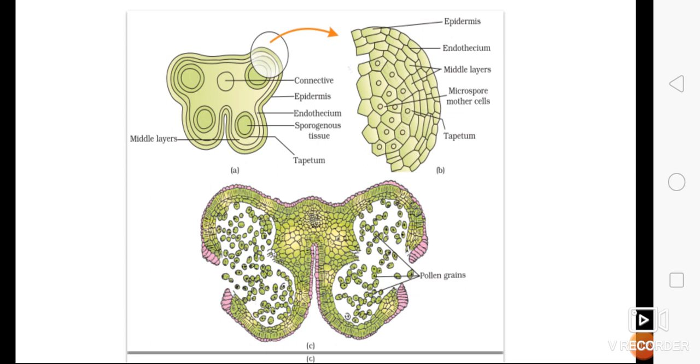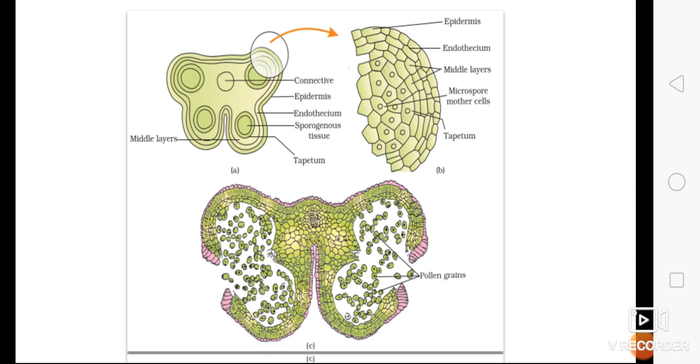And within microsporangium, we can observe a young tissue. Name of that young tissue is sporogenous tissue. The cells in this tissue, after some time, undergo division to form microspores. The cells of sporogenous tissue are diploid cells.